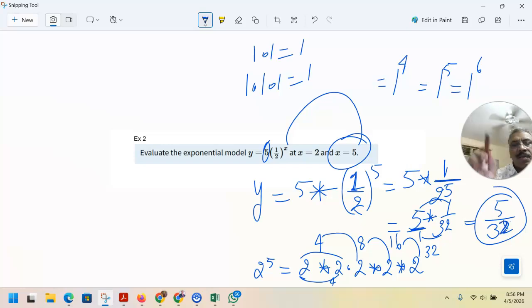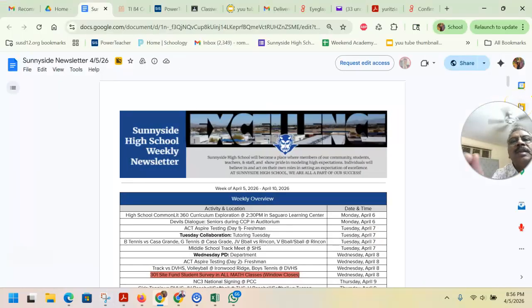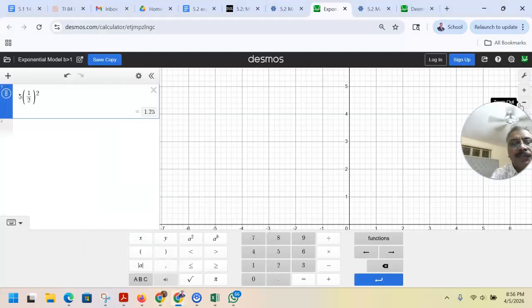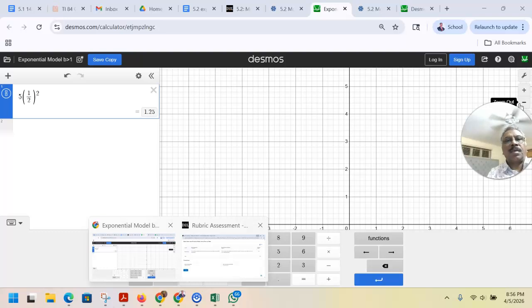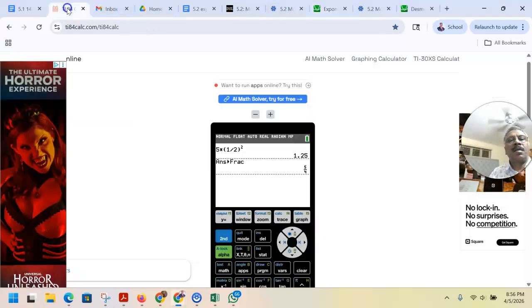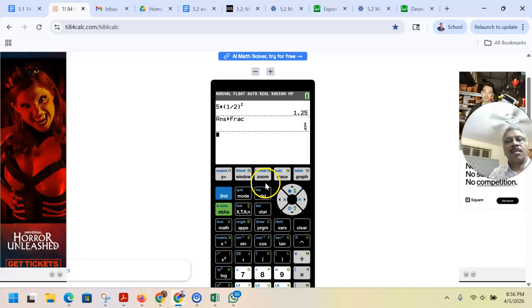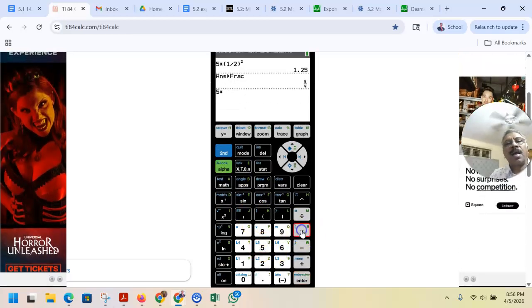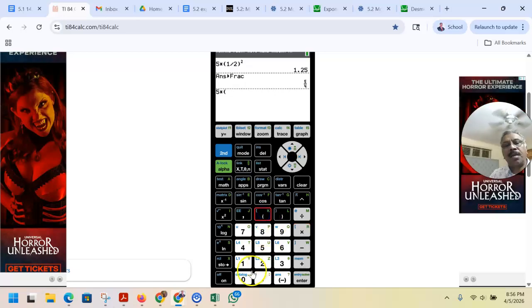Okay. So if you want to use the TI-84 that we have, you can write 5 times, open parenthesis, 1 divided by 2, close, and then go up and put 5.